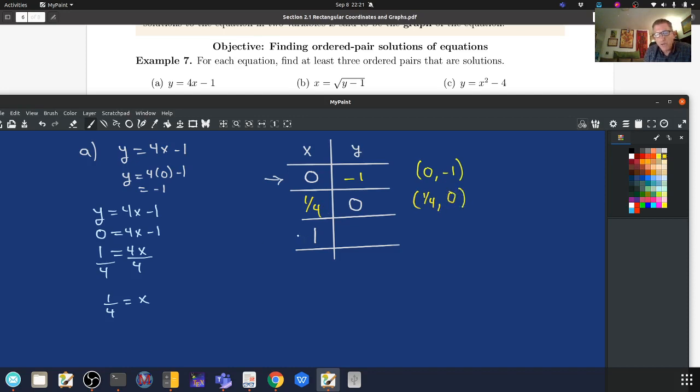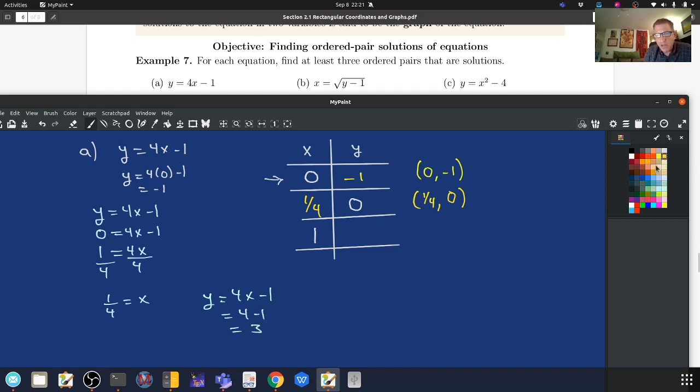And then for the third, you have to choose one, and I said let's just choose x to be equal to 1. So choosing x equal to 1, we have y is equal to 4x minus 1. Well, 4 times 1 is 4, so that's 4 minus 1, which is equal to 3.